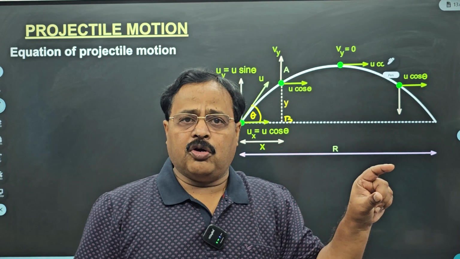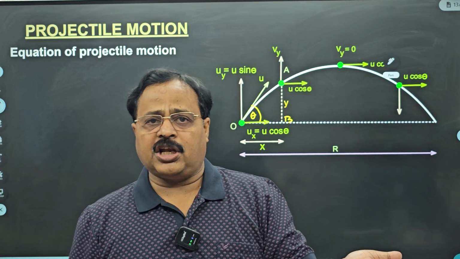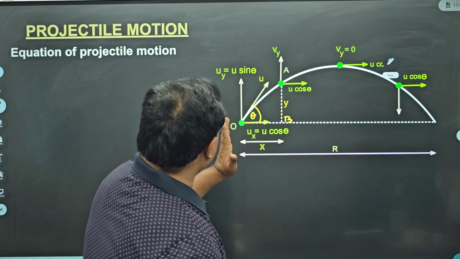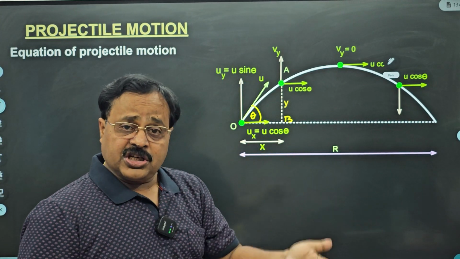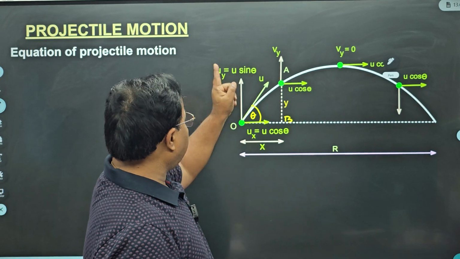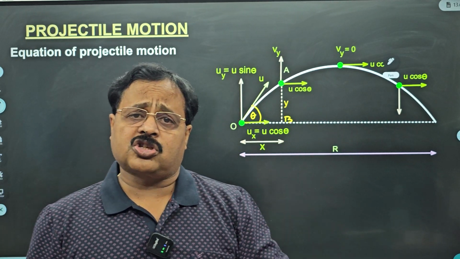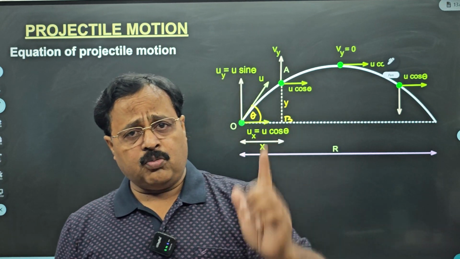So the initial horizontal velocity is u cos theta and the initial vertical velocity is u sin theta, but the horizontal velocity remains constant throughout the flight.